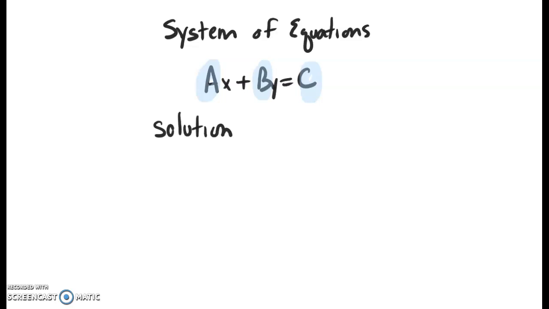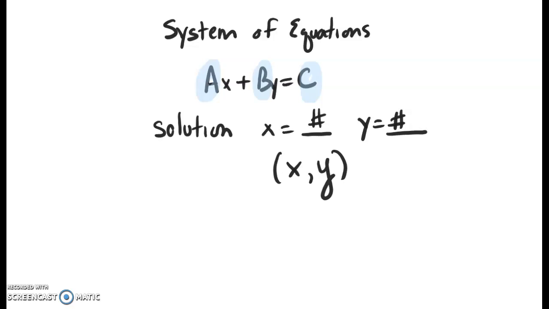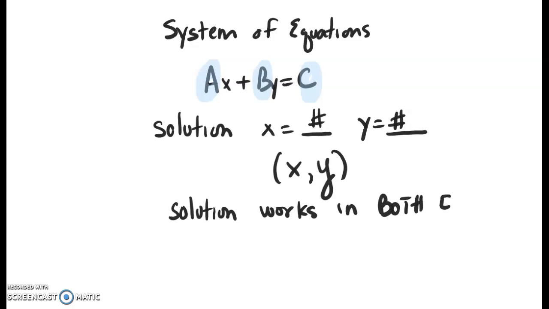And it's not just going to be x equals a number, but it's going to be x equals a number and y equals a number. And you can write your solution as an ordered pair. So you could write it as x comma y. And the solution works in both equations.